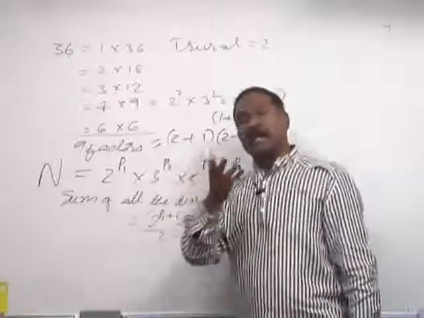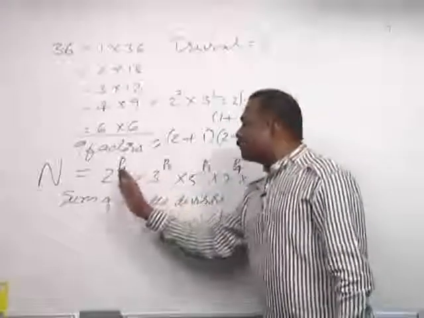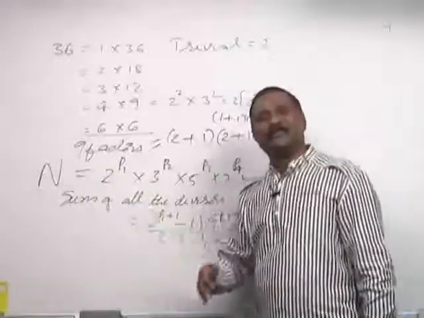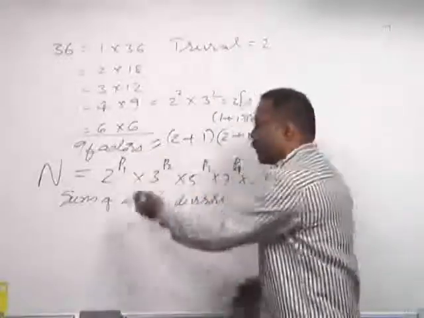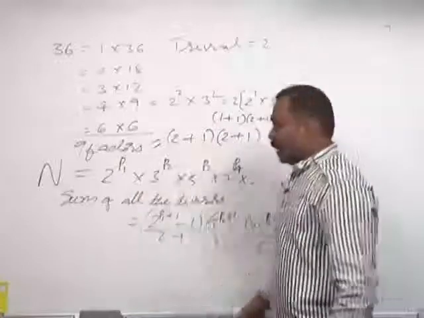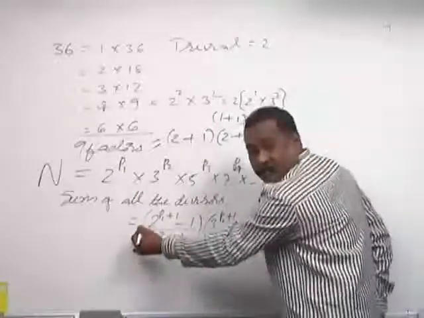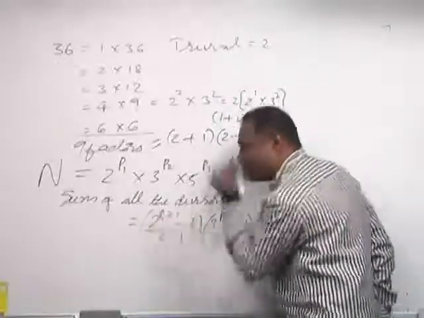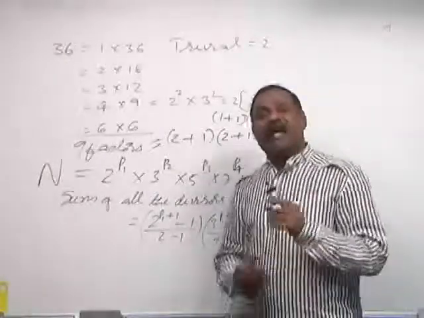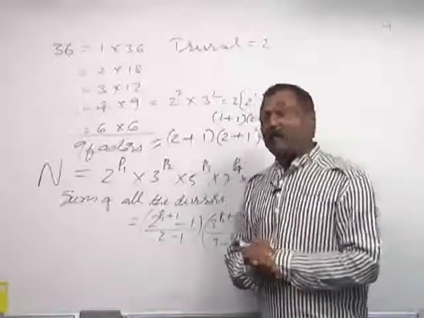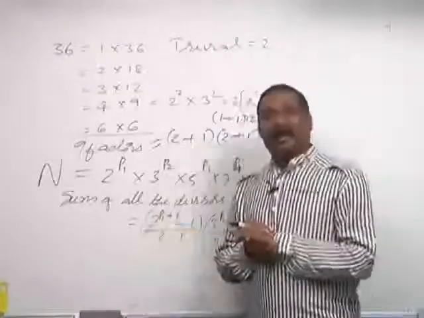Similarly, if you need the sum of even divisors, then avoid 1, take 2 out, and apply the formula for the remaining ones. That means 2 will be out and p1 plus 1 becomes p1 only. So like that, the same concept can be applied to number theory in this way.